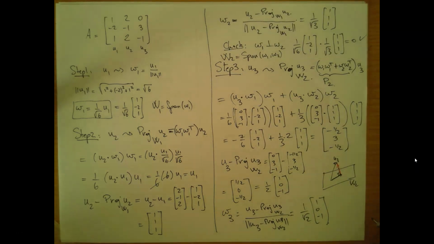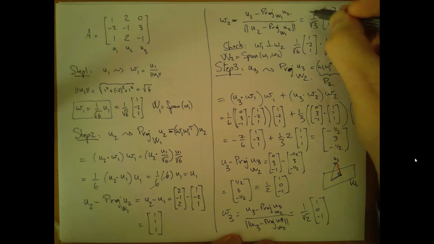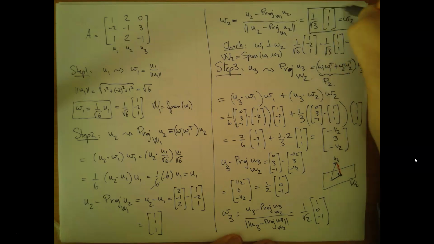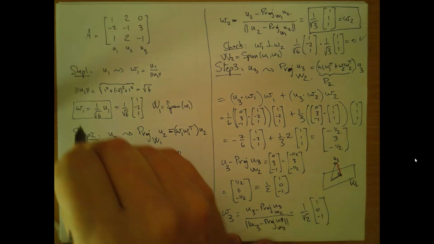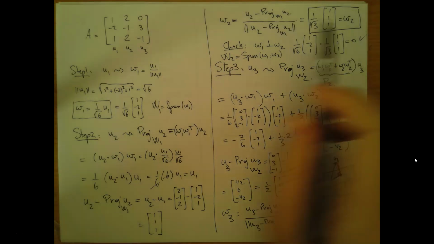Alright, so we are done now. We've got w2 over here, we've got w1 over there, and then we've got w3 over here. And you can check that this is an orthonormal basis.